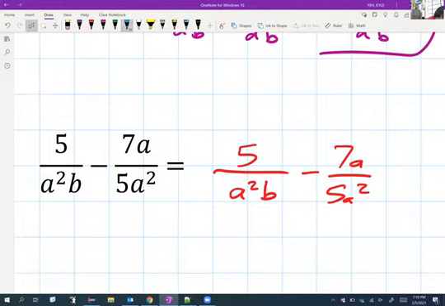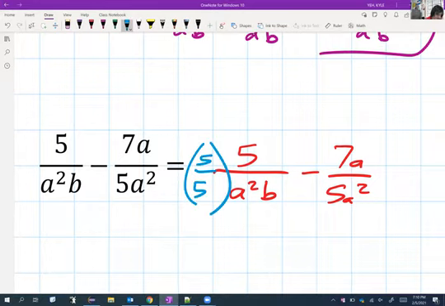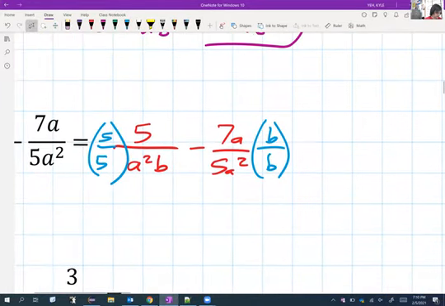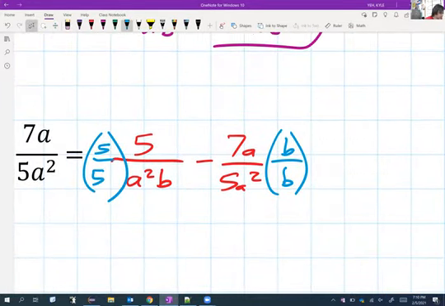I say, well, the one on the left is missing a 5 on the bottom. So I'm going to multiply by 5 over 5 on the left. Now my left denominator will be 5a squared b, which is pretty close to what I need on the right. On the right, I have 5a squared. We'll multiply by b over b to get 5a squared b on both denominators.